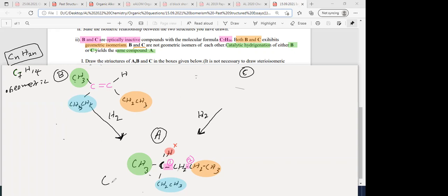What is that? A has C7H16, right? Alkane. C7H16 has become C7H14. Then definitely 2 hydrogen you have to take out. So I will highlight the 2 hydrogen that are taken out. I'll encircle that.